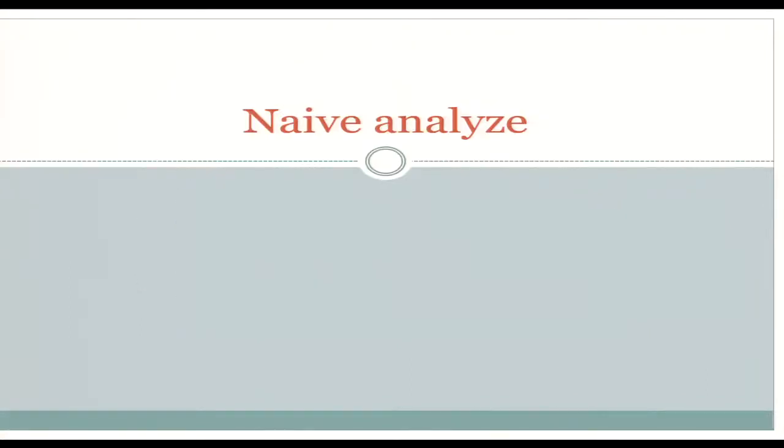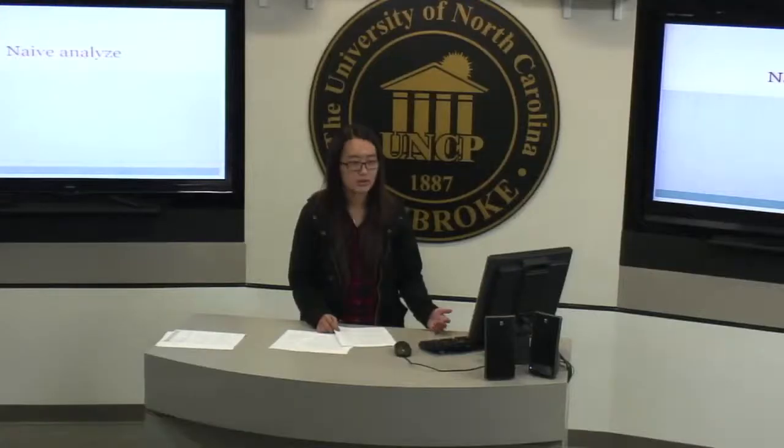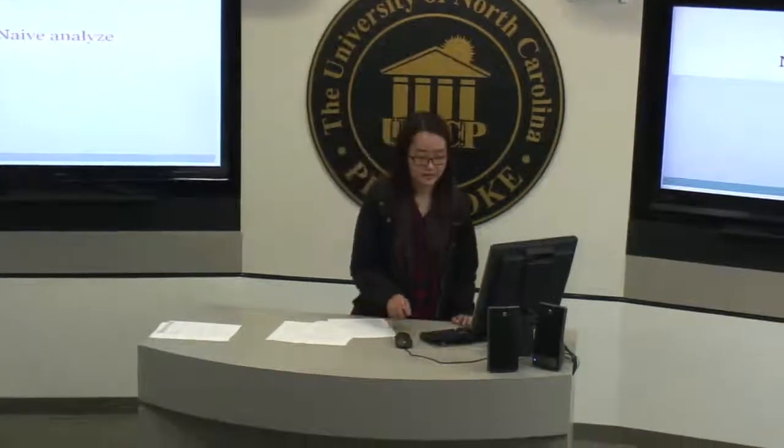Okay, for me, I use the naive forecast method to analyze this case. Why I think naive is fine for this case is that the question says nothing changes in the advertising or the promotion or anything else. So it just gives us some data so we can analyze it.